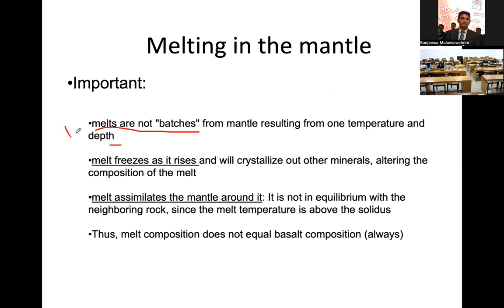And another important point is the melt freezes as it rises. Not only that, it causes crystallizing of other minerals. Because as it rises, you are decreasing both the pressure and temperature compared to its source region, right?